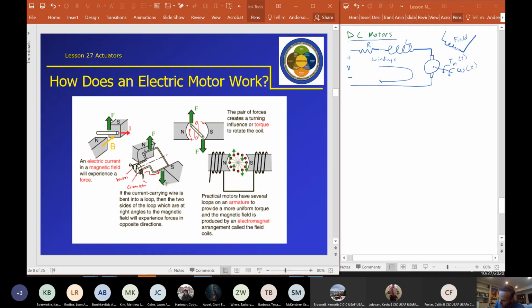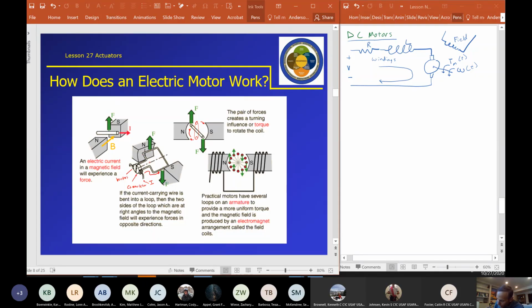We see that the coil in the winding is attached to the commutator. It's electrically connected. So in this orientation, current is flowing into the commutator on the right, providing positive current going in this direction and out that brush on the top.